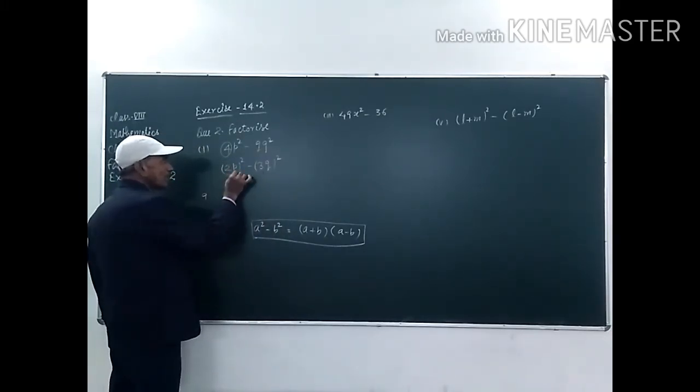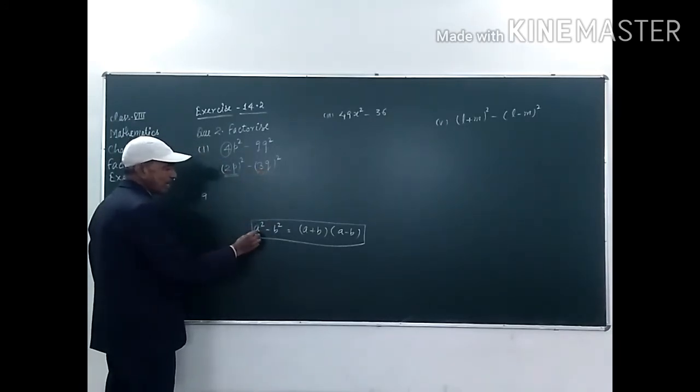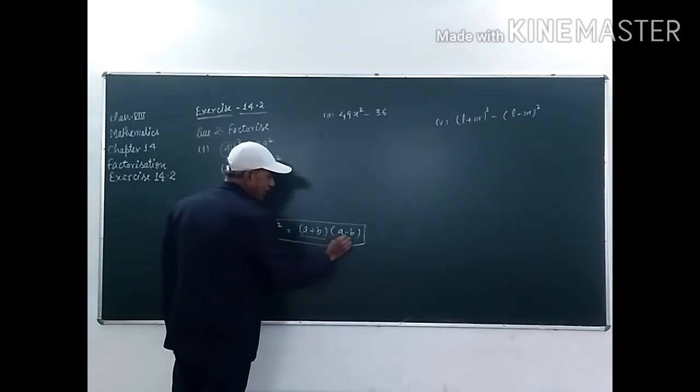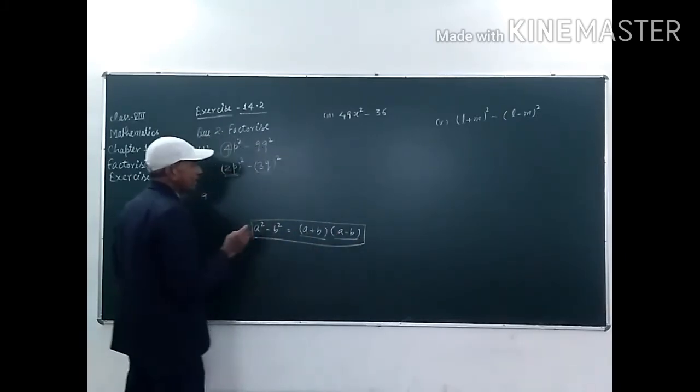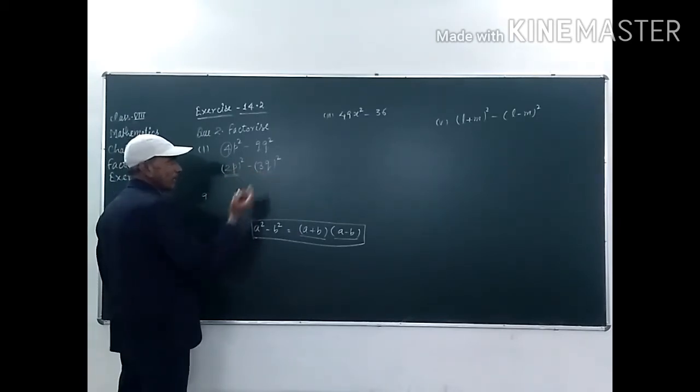So, student, this one is a and this one is b, and the identity is: if a square minus b square, then it can be written like a plus b in one bracket and a minus b in another bracket. So, this one is a and this one is b.